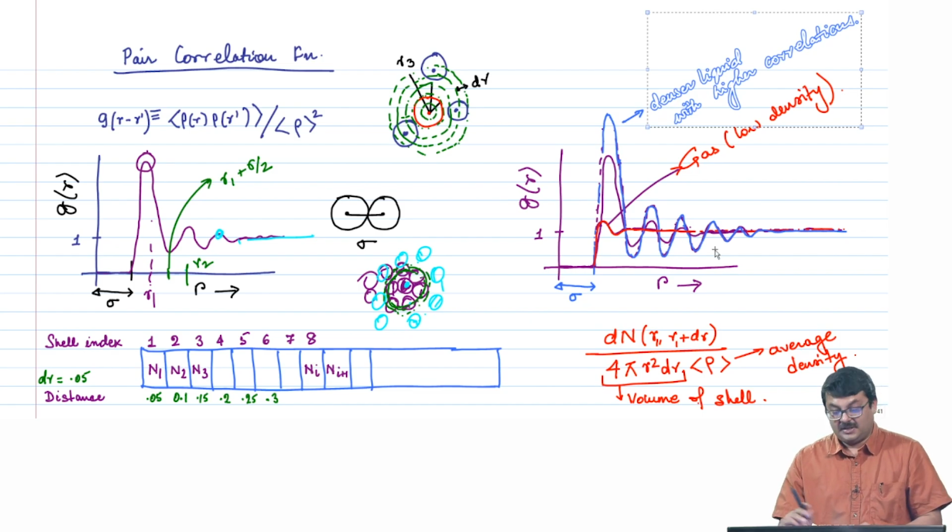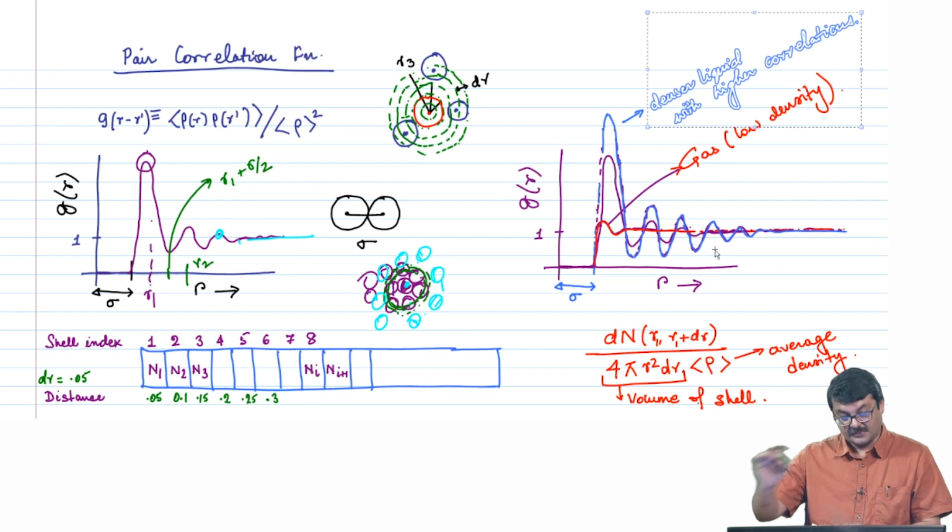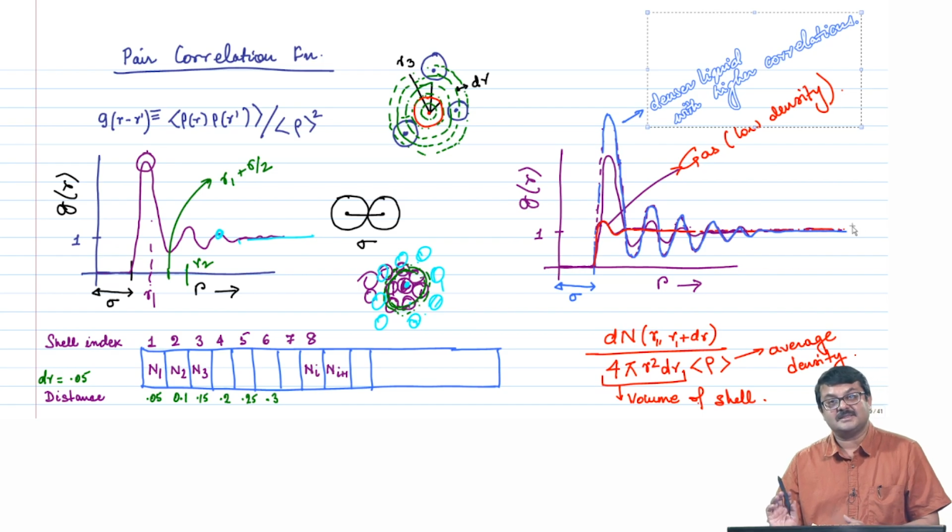How far the correlations can be seen also depends upon the temperature, but always at large distances for a fluid, that is a liquid or a gas, you will see that the correlations have gone to 0.